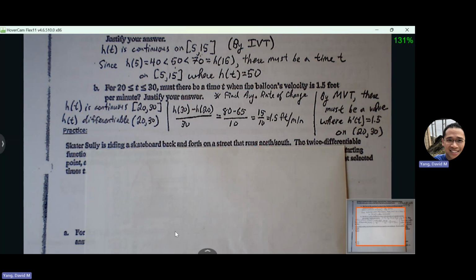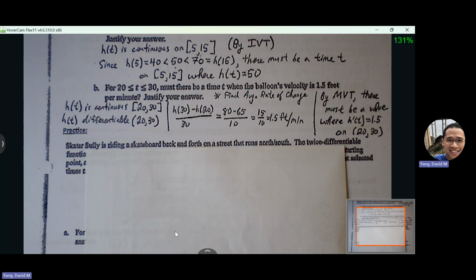Sorry, I said 3.5 here, misread it, 1.5. The average velocity between 20 and 30 seconds ends up being 1.5 feet per minute. By mean value theorem, we can guarantee that somewhere on this interval, this balloon is going to reach an exact velocity of 1.5. I can't have an average velocity of a value and not ever reach that value on that interval.